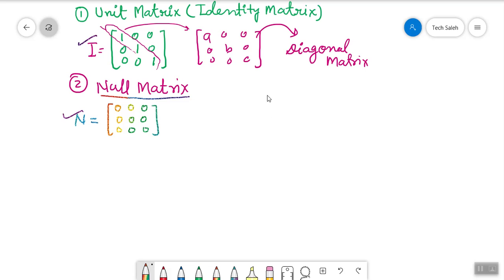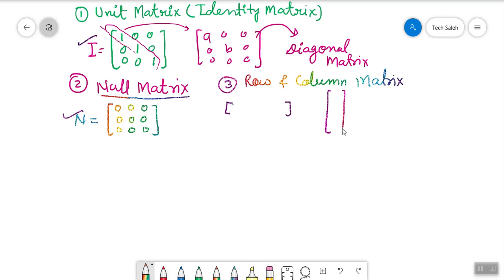And then we have the row matrix and column matrix, right? If any matrix has only one row, it is going to be a row matrix, and if a matrix has one column and many rows, it is a column matrix.